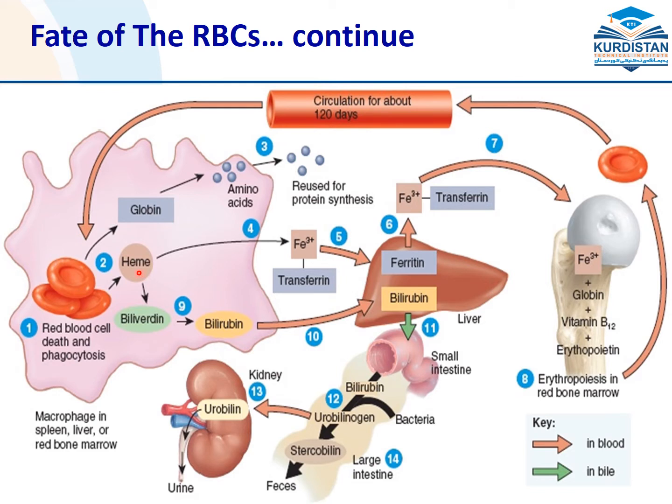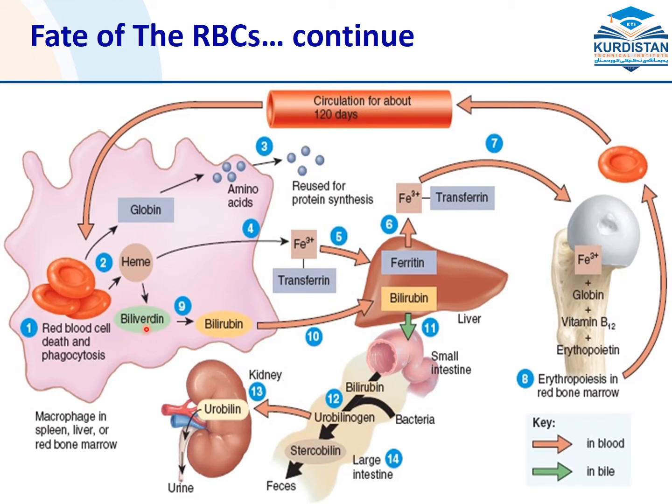While the heme compartment of the hemoglobin can be further hydrolyzed into what? Into iron and protoporphyrin, as we mentioned before. So the iron also can be recycled, and can be used for the process of hematopoiesis, or can be used in other processes.